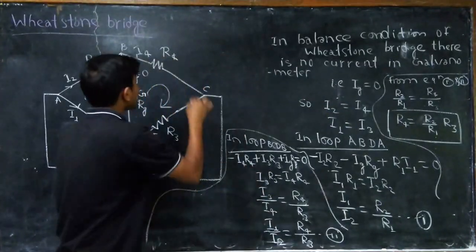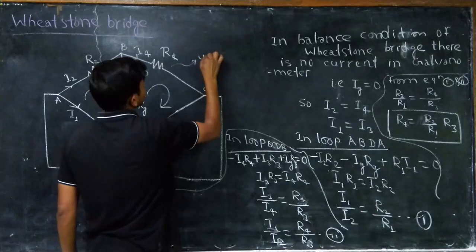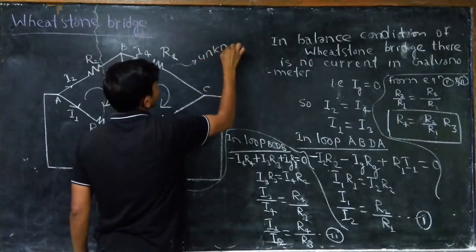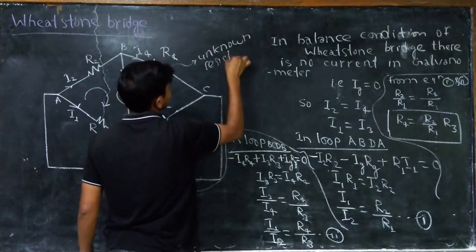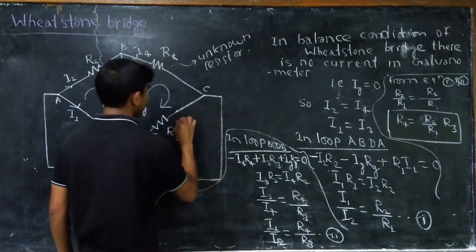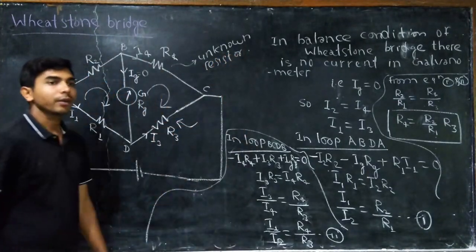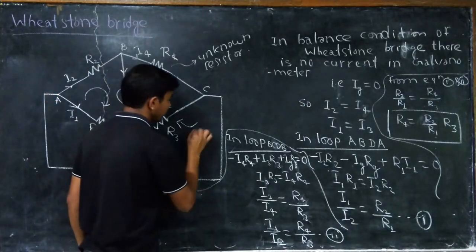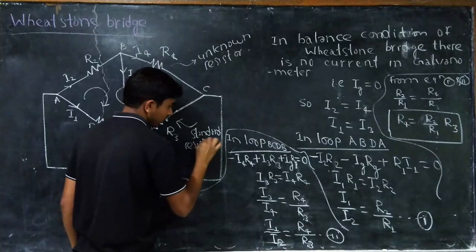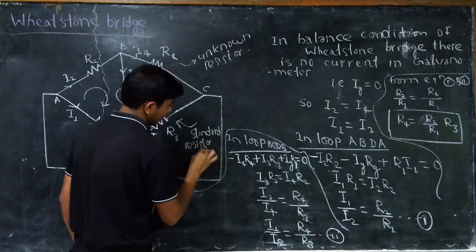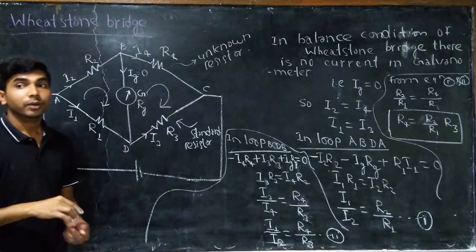So here R4, right? This is known as the unknown resistor, okay? And this one is known as a standard resistor, okay?